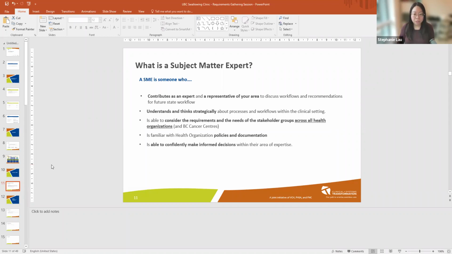You are also our stakeholders, helping us consider the requirements and needs that may be similar throughout the other health organizations I previously mentioned. You will help us with any health organization policies and documentation that would help design and create these workflows for the clinic, and help us make informed decisions with your area of expertise.